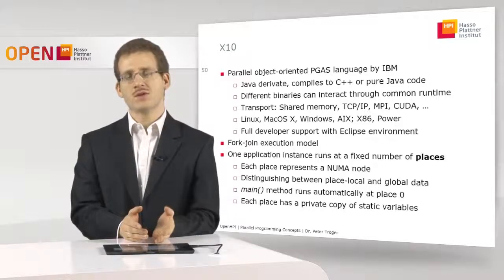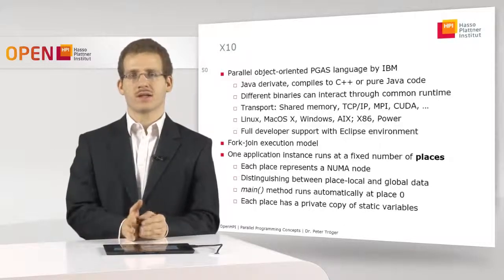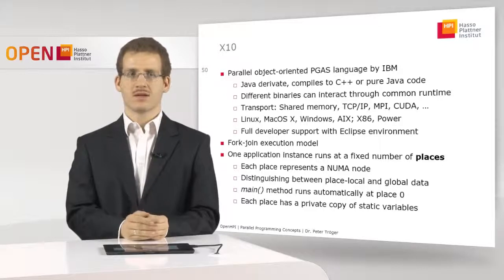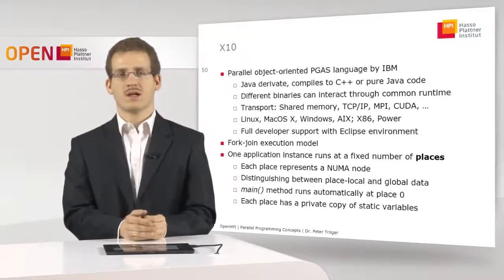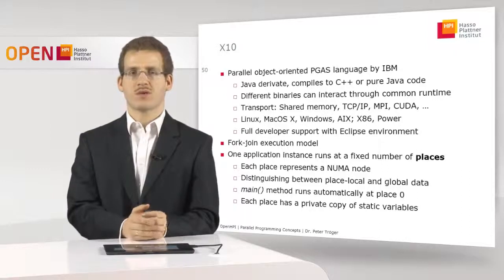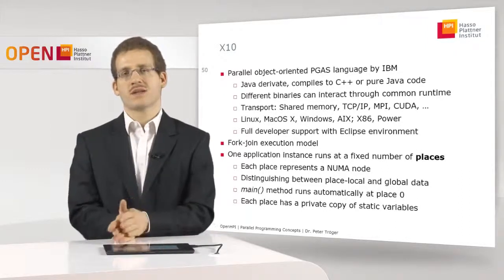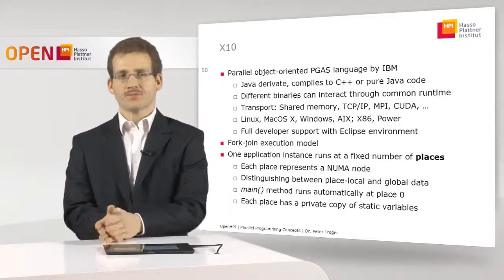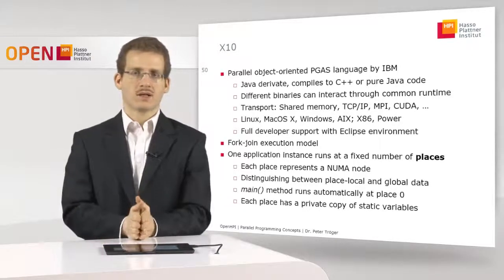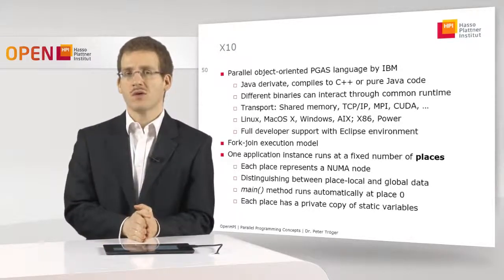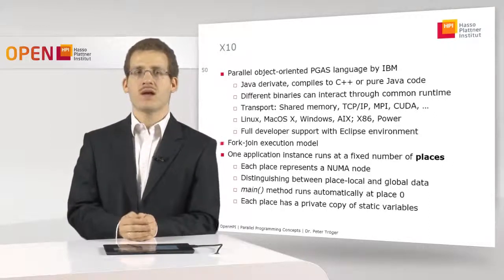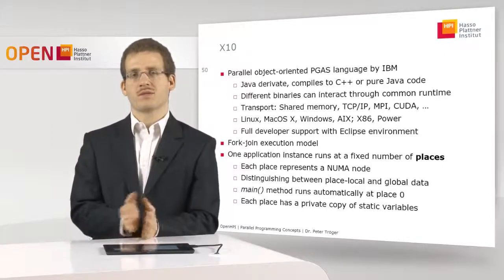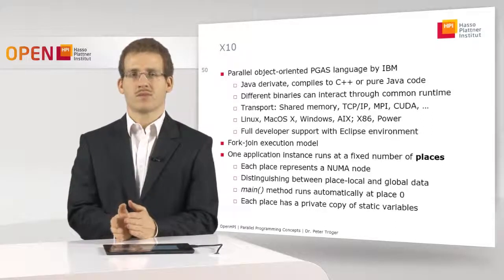The new notion of NUMA in X10 is expressed by the concept of places. So one application instance, a running application, is executed on a number of places, and each of these places represents a NUMA node. Places can be detected and queried as part of the code, so you can ask how many places are there, on how many places do I run, and then you can start to optimize your data access based on the place where you run.